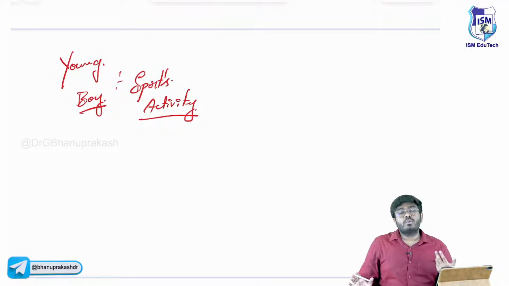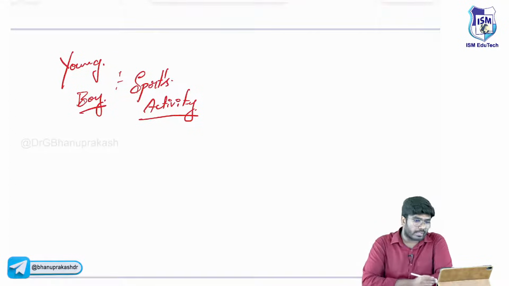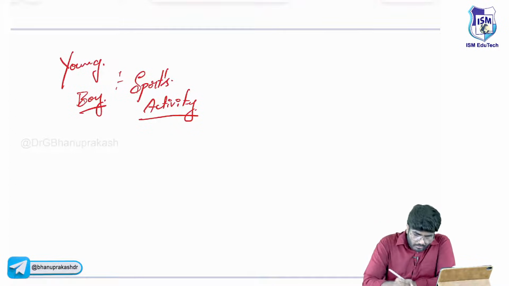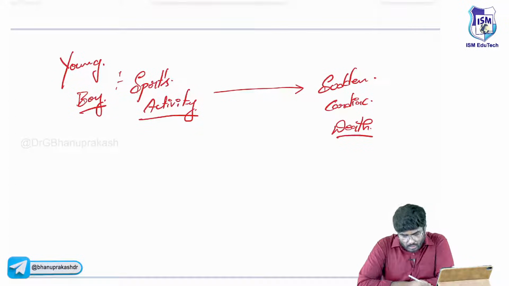Now whenever he tries to do certain sports activity or more work, now this boy fell dead, sir. Sudden cardiac death. A question will come something like this: a young boy who indulged himself in the school sports activity, now he suddenly falls dead because of sudden cardiac death.